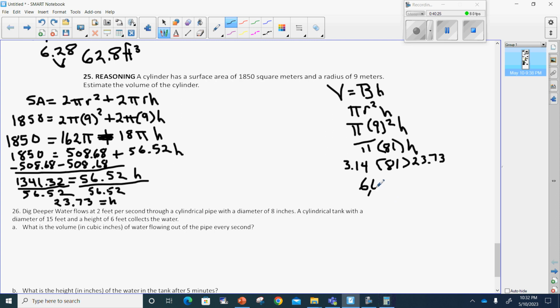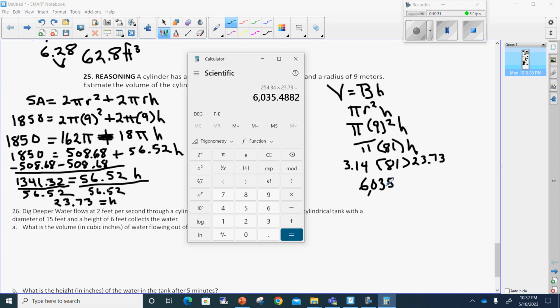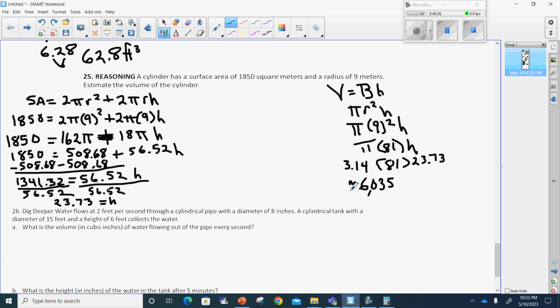Yep, 6,035. We're just going to estimate it there because that's not bigger than 5. So that's about that. All right, and what are we talking about? The volume of it. So this would be meters cubed.